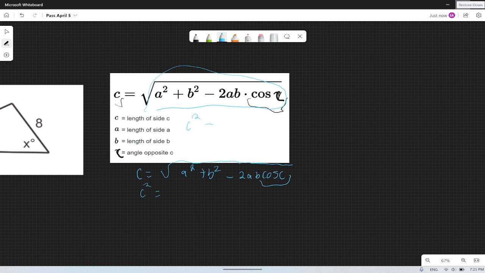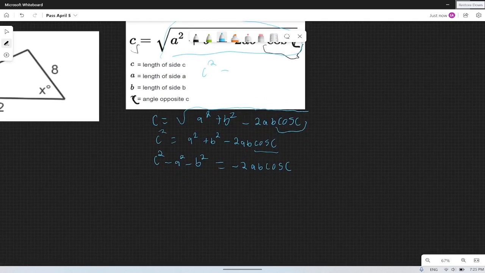C squared equals A squared plus B squared minus 2AB cos C. Now we're trying to isolate this, so we're going to subtract. C squared minus A squared minus B squared equals negative 2AB cos of C. And then we're trying to isolate this cos C, so we'll divide by negative 2AB.